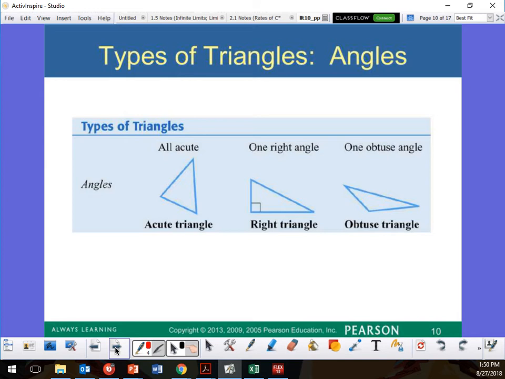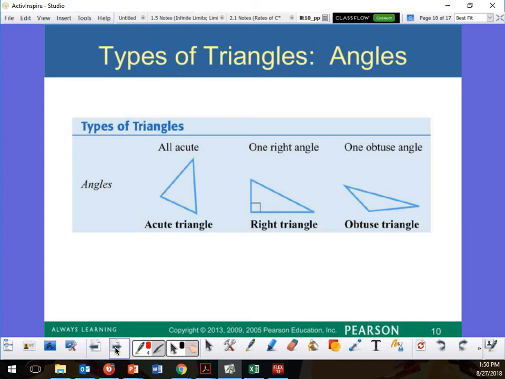Now, right triangle. If one of them is 90, it will be a right. Is it possible to have two right angles in a triangle? No, because you can't have two 90s, right? Because you have to have three angles to be a triangle. So if I had two 90s, it's just a box that opens up, right?